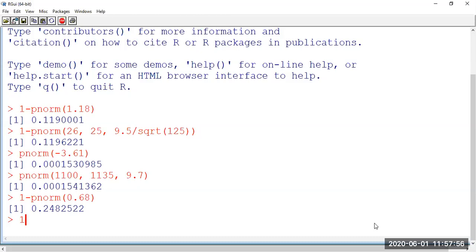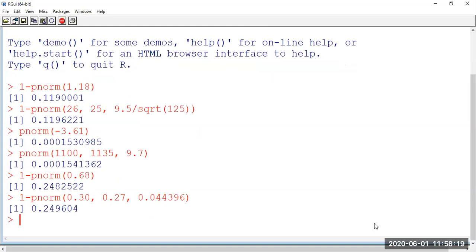But we can also use the normal distribution directly. So it's going to be 1 minus P norm of 0.30, 0.27, 0.044396, and we should get a similar value.